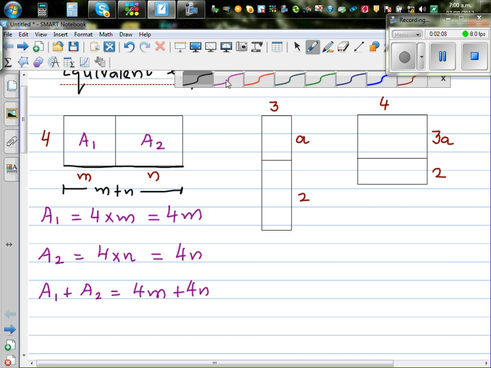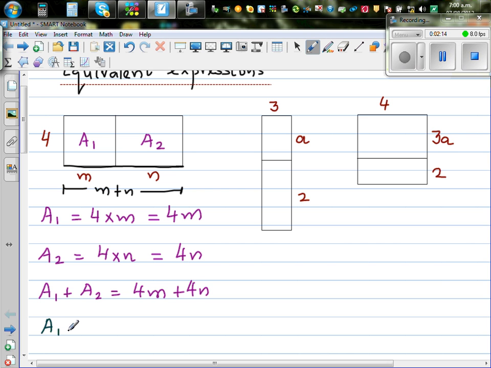So we can also say A1 plus A2 can also be written as base times height, or height times base, which is 4 times, this is how you write it in the bracket. This bracket means times: 4 times (m plus n).